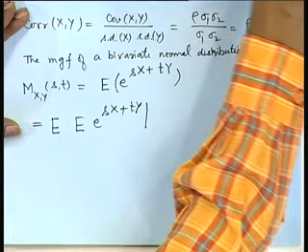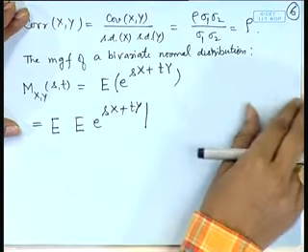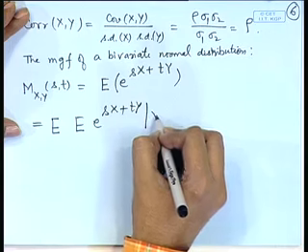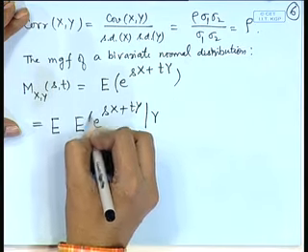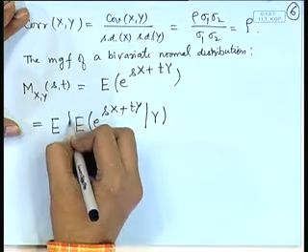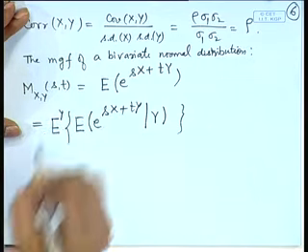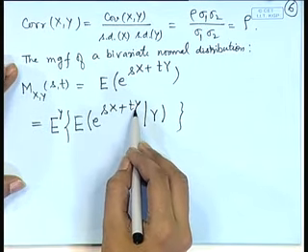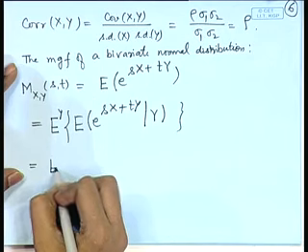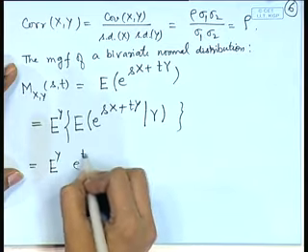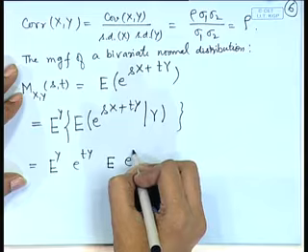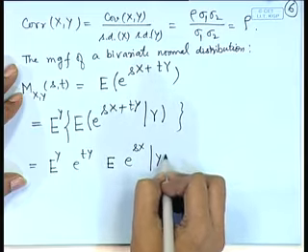in the previous one we have done the calculation using conditional distribution of x. So, we can use the conditional distribution of y here. Now, given y, this e to the power t y term is fixed. So, we can separate it out and we are left with expectation of e to the power s x given y.